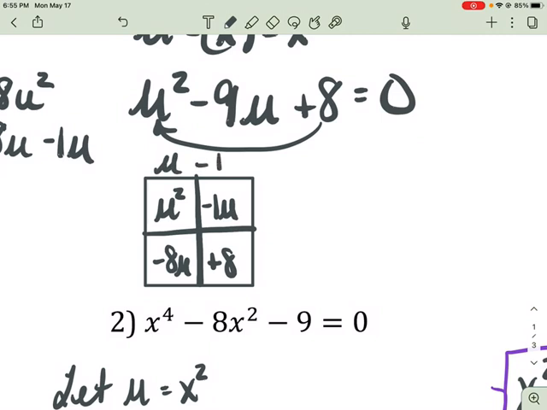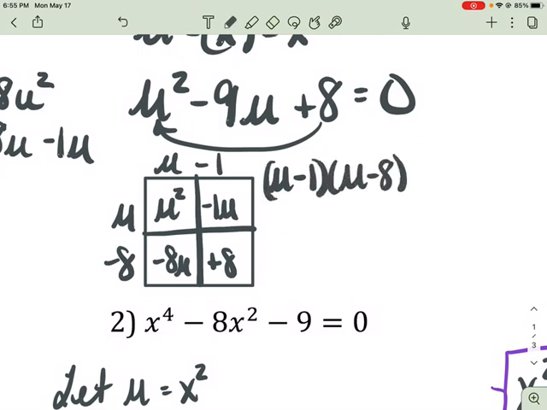Okay, so GCF up is u minus 1, u minus 8. So u minus 1 times u minus 8 is equal to 0. Set each equal to 0.